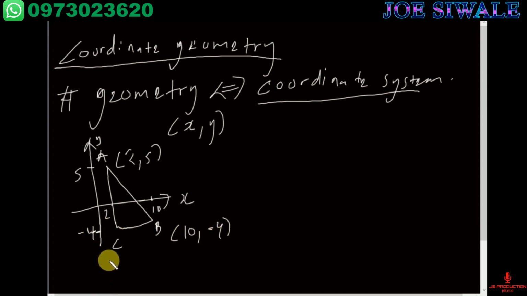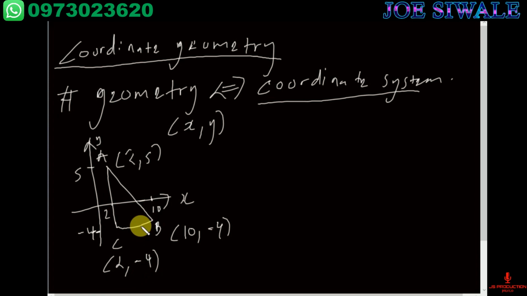The x coordinate of C is 2. Then what about the y coordinate? It's on -4.